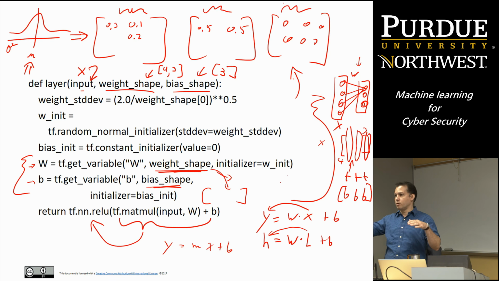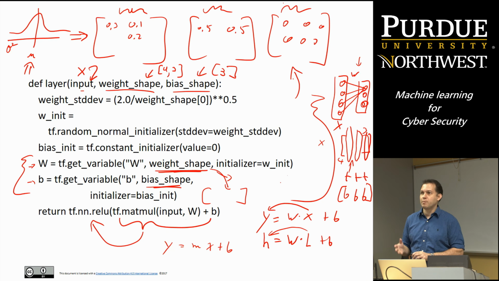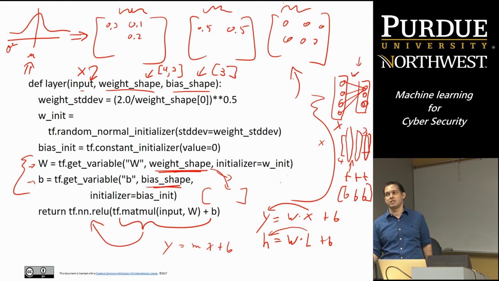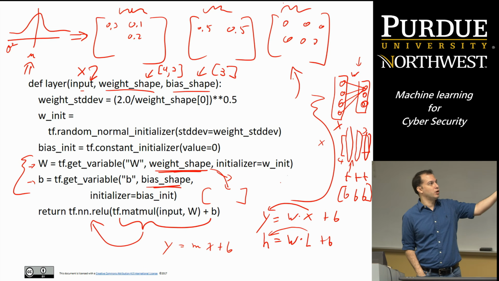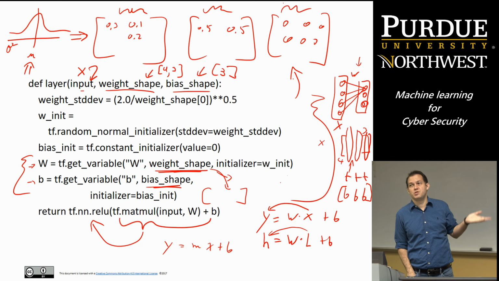So you build a normal distribution, and now you pick values only from that normal distribution. And that's the initialization. Why? Because, as I said, it might be better than just all zeros. Right? But can you change this to whatever you want? Sure. So that's entirely up to you.